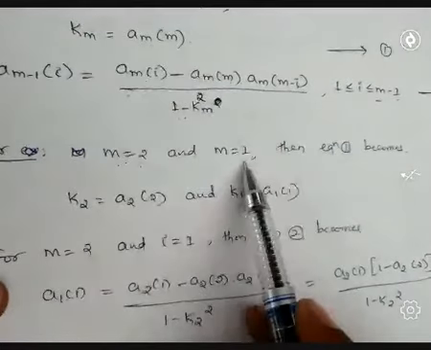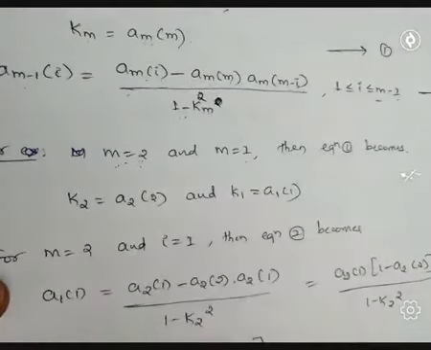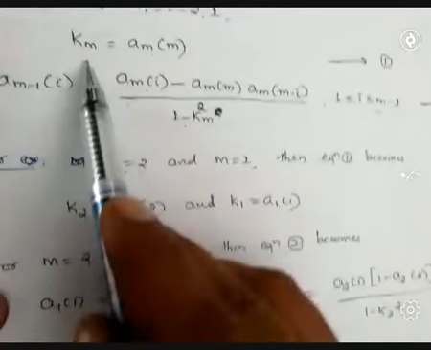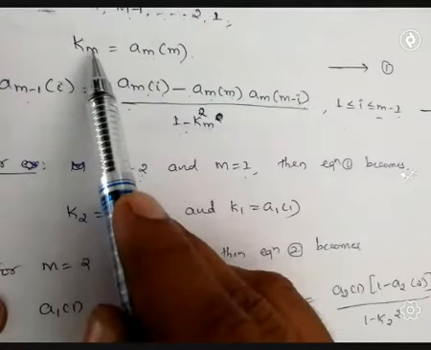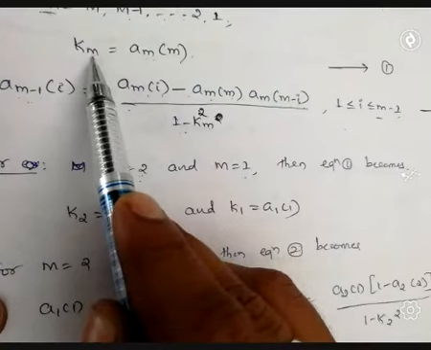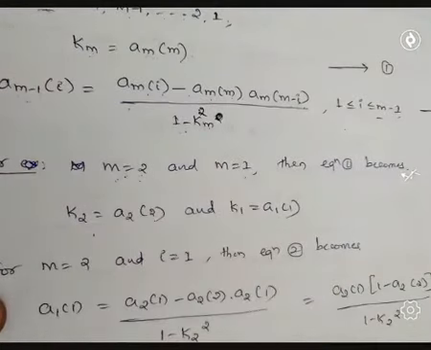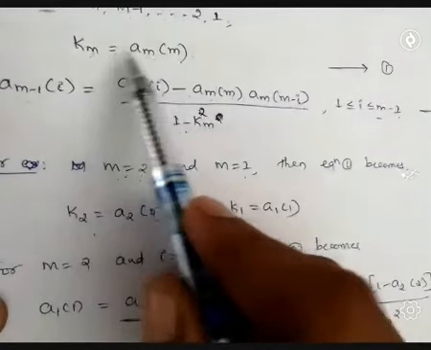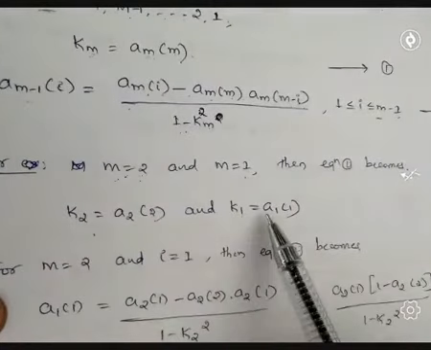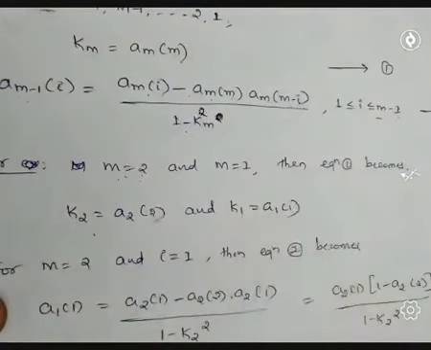For M equal to 2, K2 is equal to A2 of 2. Next, if M equal to 1, K1 is equal to A1 of 1. Okay. Next.